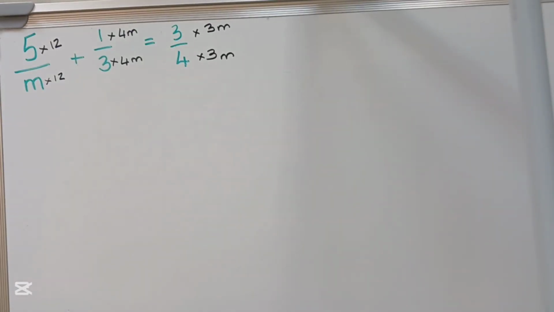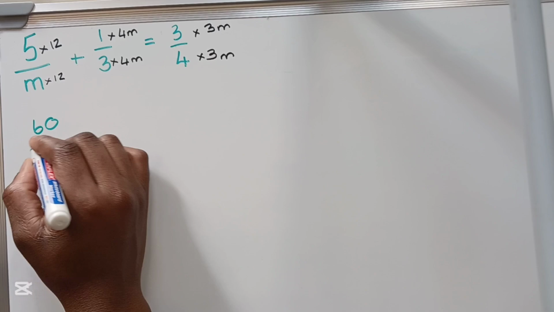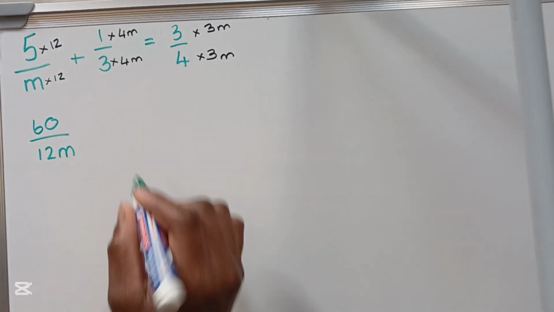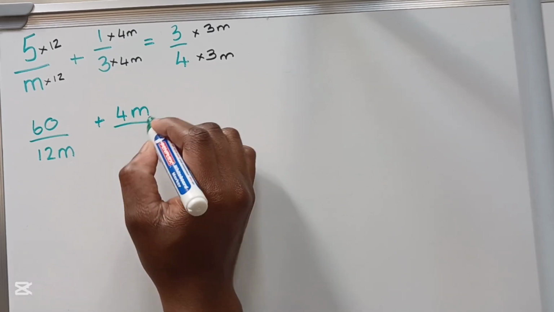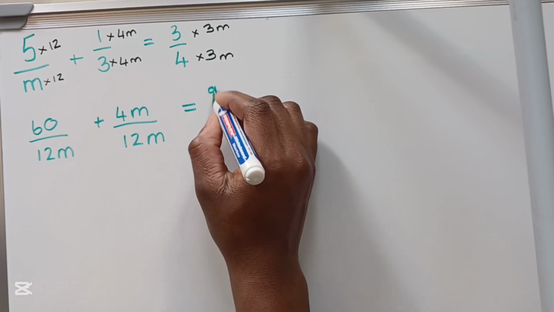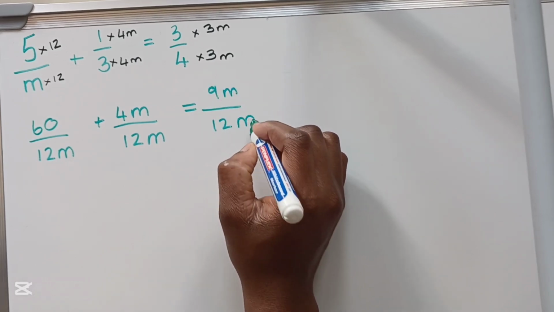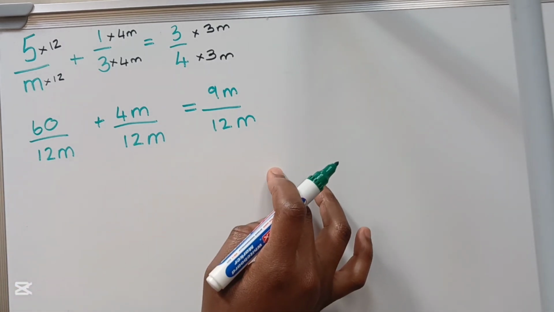So next, let's multiply. 5 times 12 will give you 60 over 12m plus 4m. 12m equals to 9m. 12m. Now our denominators are the same.